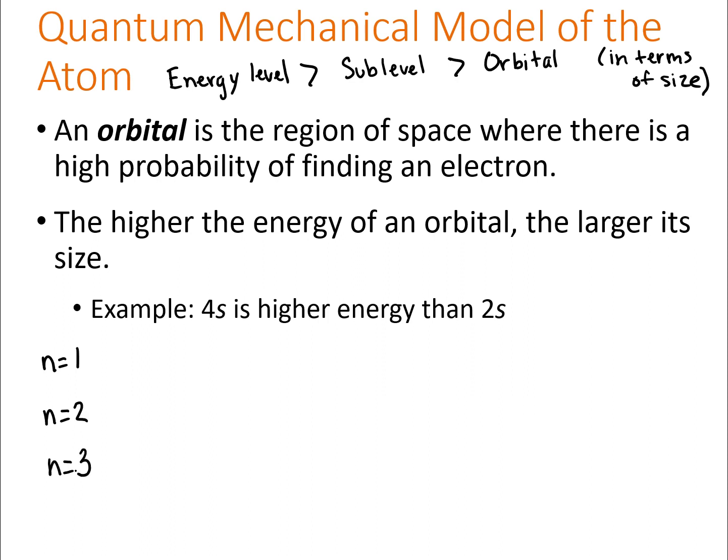Let's say I've got 3 main energy levels, 1, 2, and 3. For n equals 1, I just have the s sublevel. For n equals 2, I've got 2s and 2p. For n equals 3, there's 3s, 3p, and 3d.